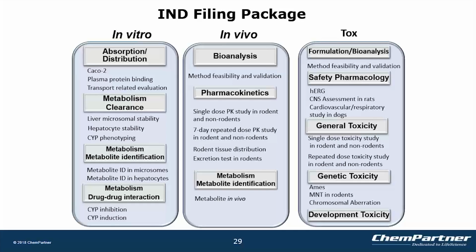And also for the PK part, we do single dose PK study in rodent and non-rodent, where you will choose which species is more related to human based on the MetID in vivo data. And also we do 7 day repeated dose PK studies in rodent and non-rodent, and a tissue distribution and excretion test in rodents. These are studies you can choose to do or not to do.